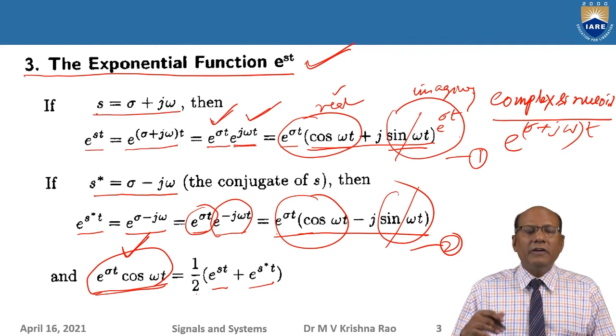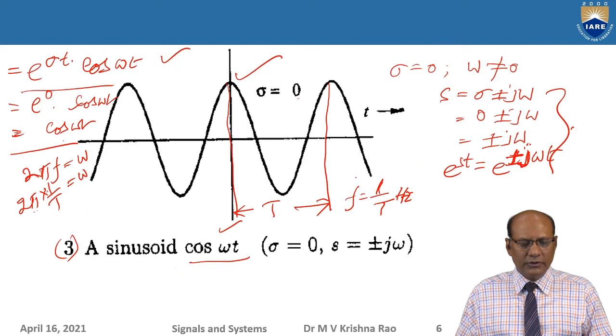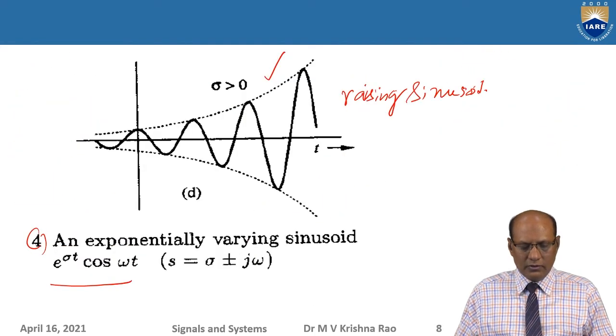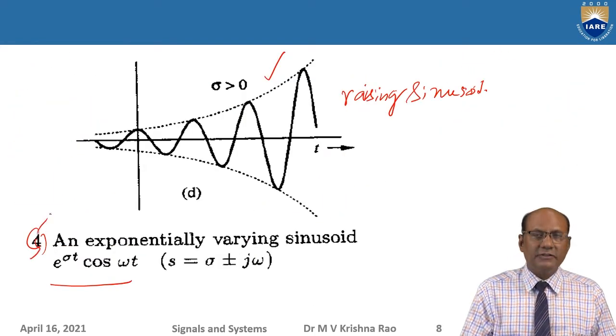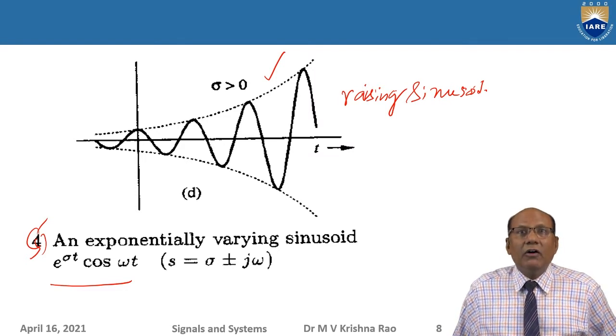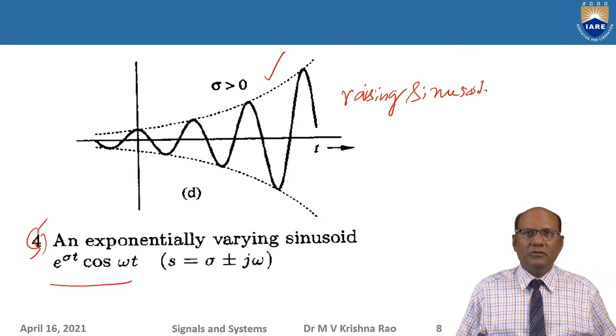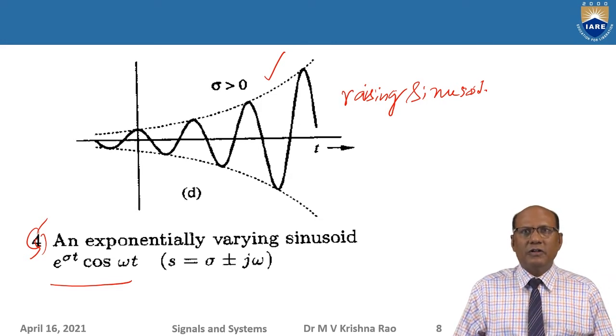By giving different values to s, I got different signals. There are five combinations I have seen. With this, I have completed the exponential function. All these come under the exponential functions.